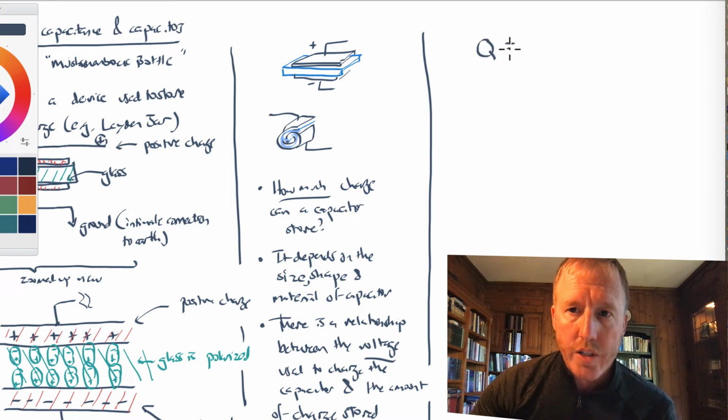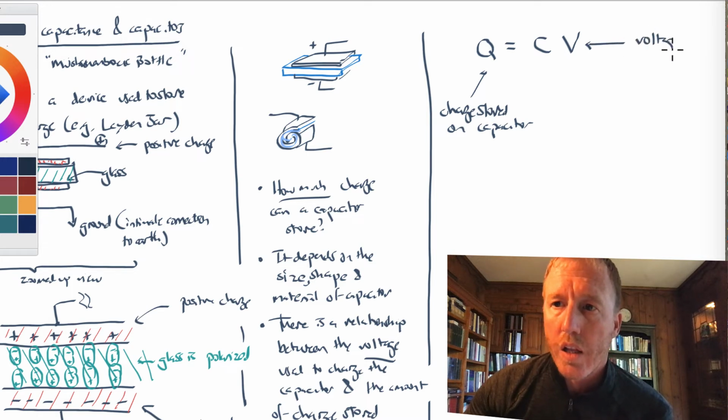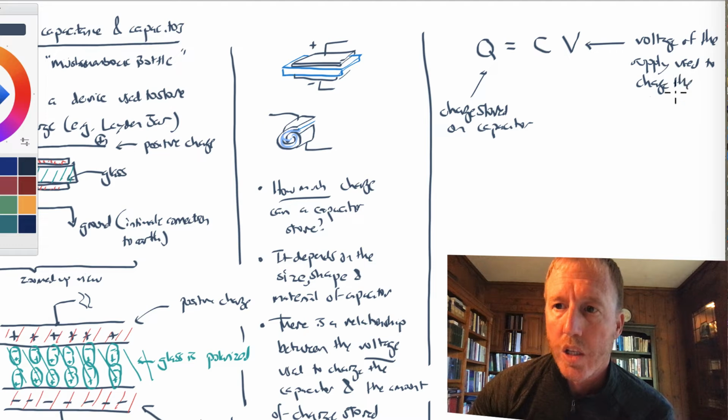The charge is equal to the capacitance times the voltage. Okay, so this is the charge stored on the capacitor. This is the voltage of the power supply or the battery used to charge the capacitor. And this is what is called the capacitance.